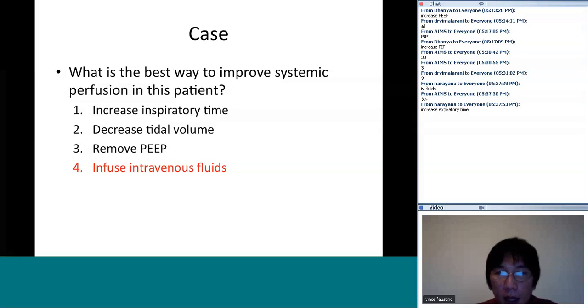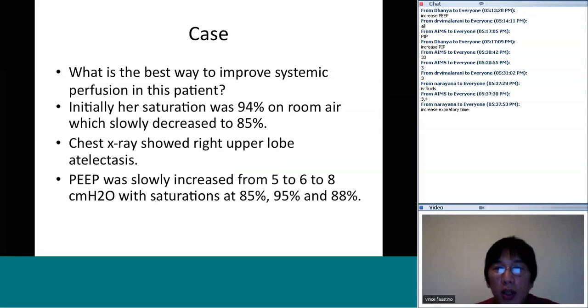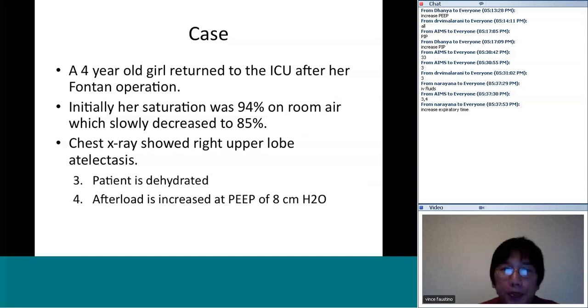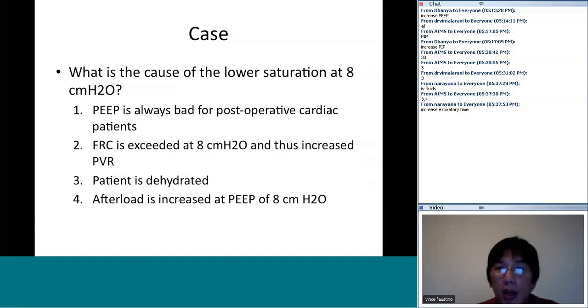Next. A 4-year-old girl returned to the ICU after her Fontan operation. Initially, her sats were 94% on room air, which slowly decreased to 85%. Chest X-ray showed right upper lobe atelectasis. PEEP was slowly increased from 5 to 6 to 8, with saturations at 85, 95, and 88%. Question: what is the cause of the lower saturation at 8 cm water?